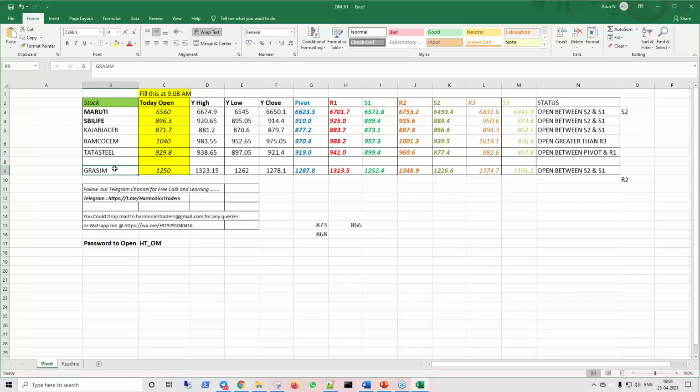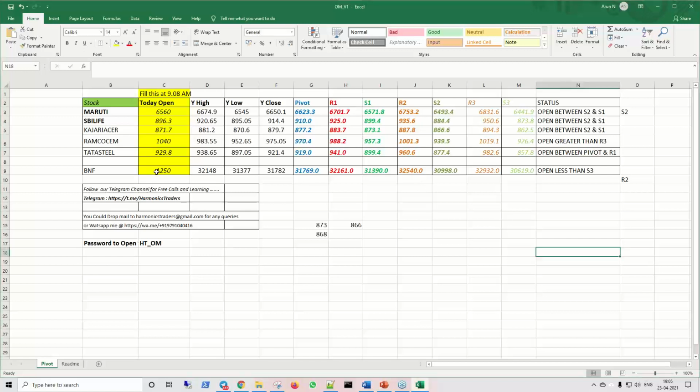Okay, so BNF open, we don't know. Today's high 32148. Today's low 31377, and today's close is 31782.